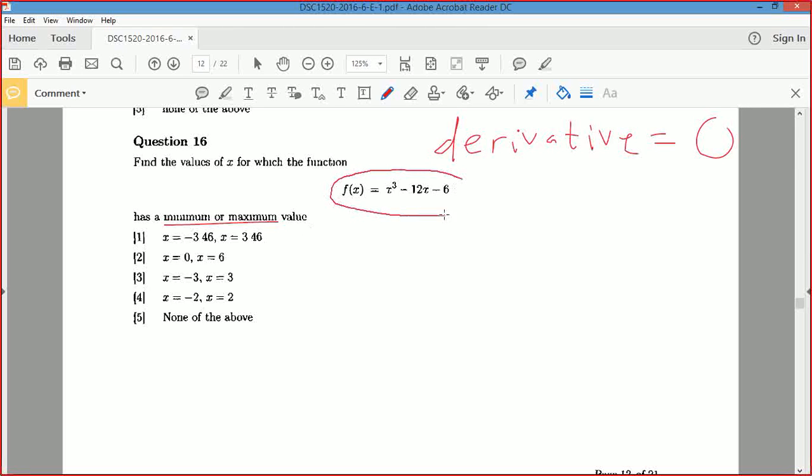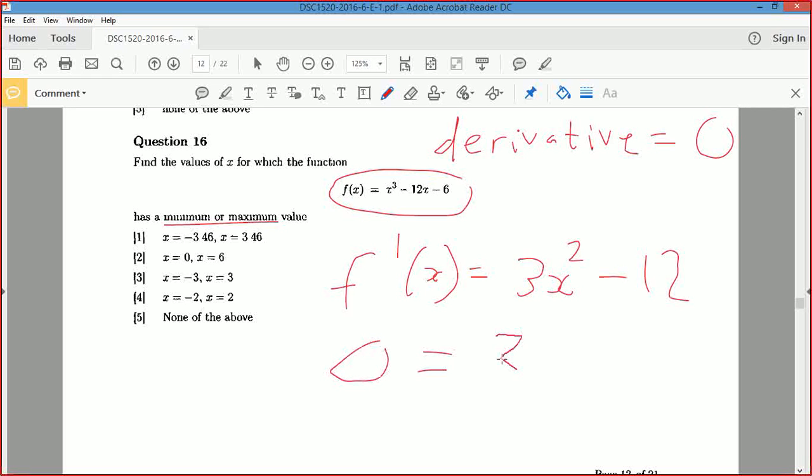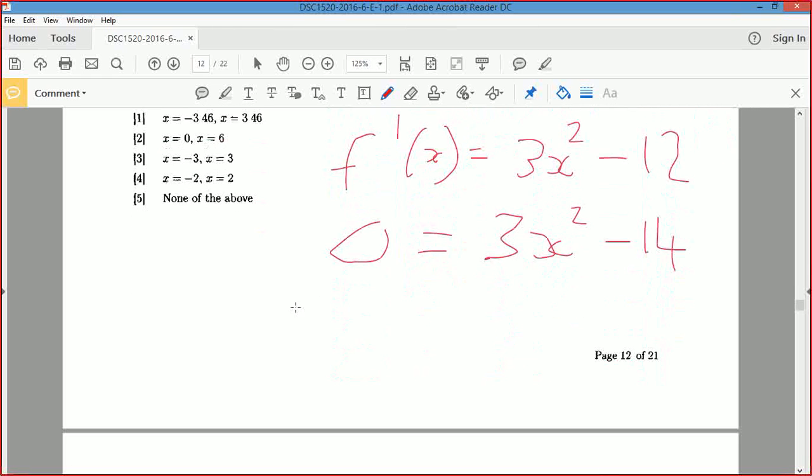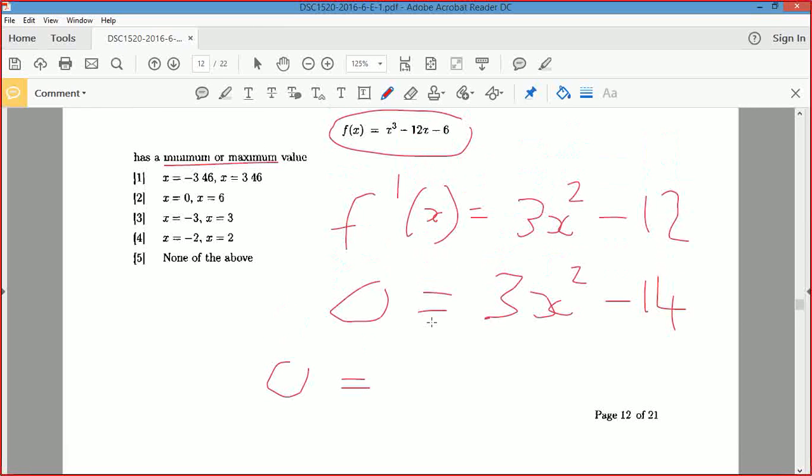Give me the derivative of that. What's f dashed x? 3x squared minus 12. Make the derivative equal 0 and solve for x. So 3x squared minus 12.